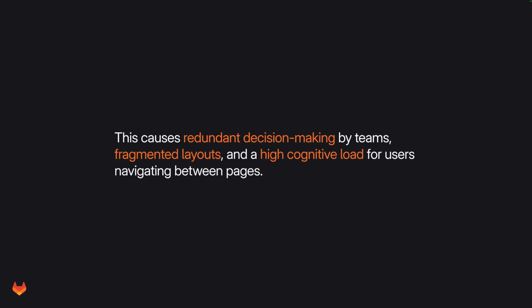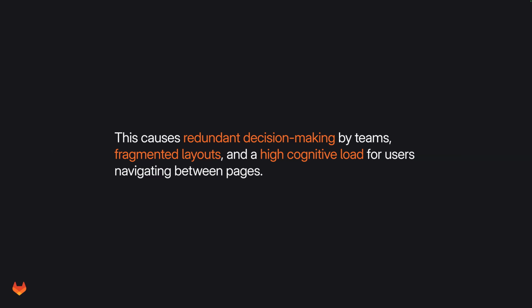So this causes redundant decision making by teams, fragmented layouts, and a high cognitive load for users navigating between pages. What I mean by that is a very famous, very simple example: if you have a sidebar, which we have on a lot of variety of pages, the toggle to show and hide it might be in different locations, and works completely different from a responsive point of view, right?